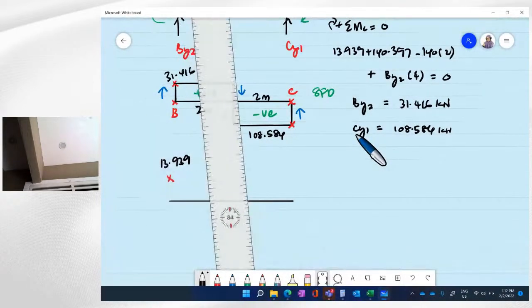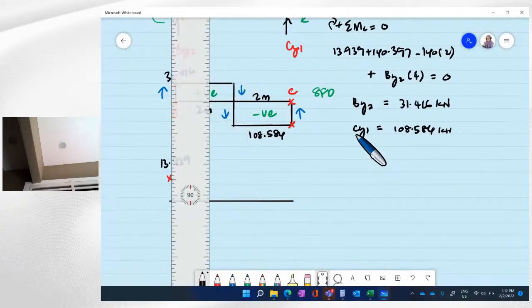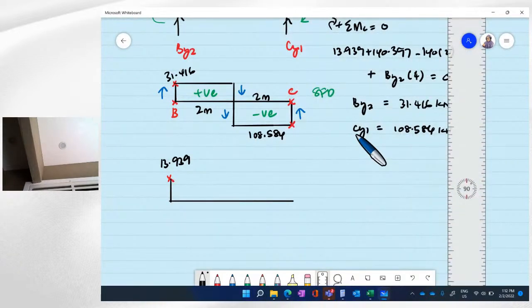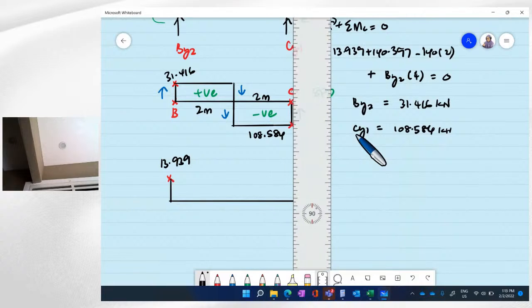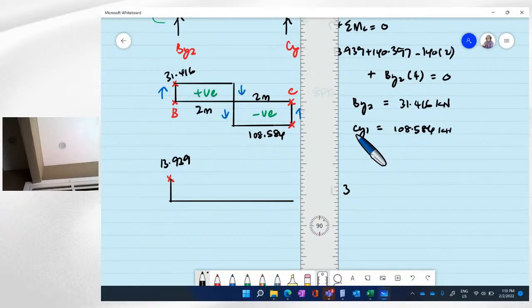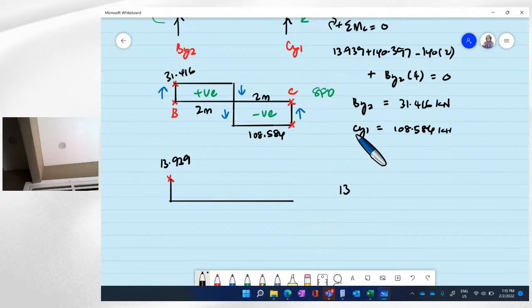Okay, so to get the next point, the next point at the center of member BC, what we should do is we have to plus with the area of the shear force diagram.